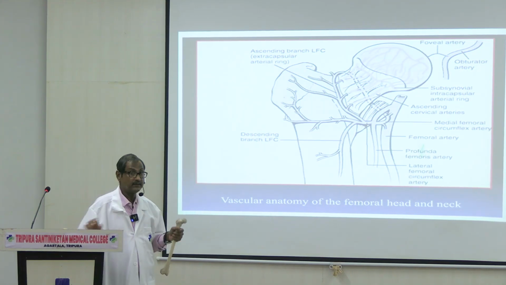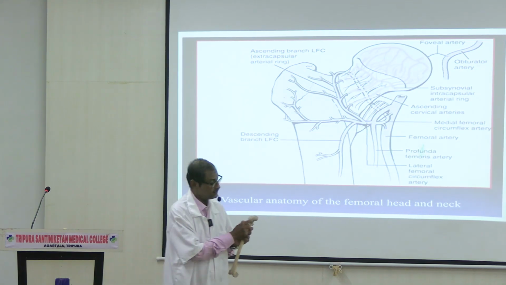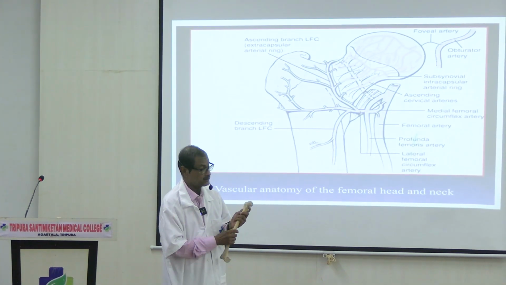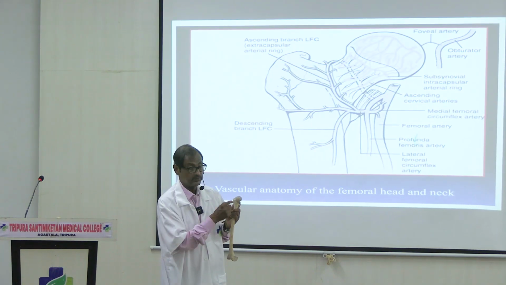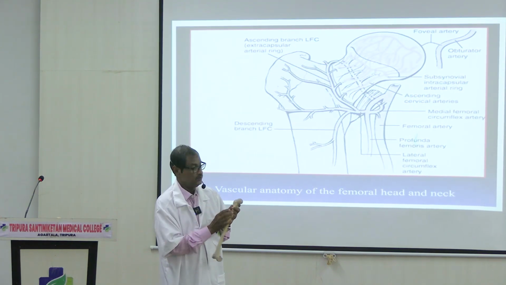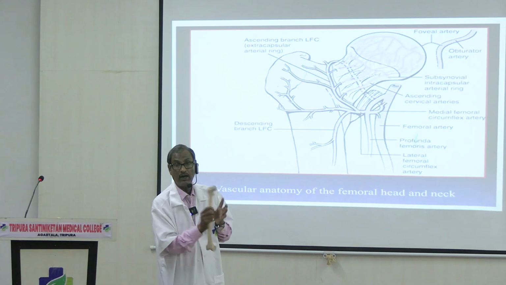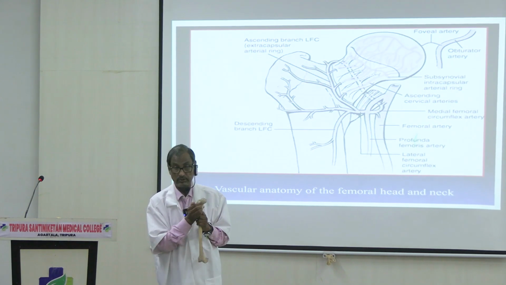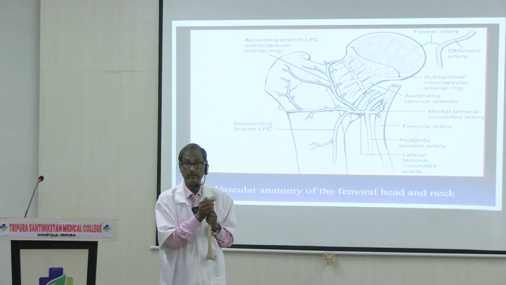When there is a fracture, there is a discrepancy in the alignment of the bone. This bone is fractured, so the retinacular arteries are all torn. The nutrient artery is also torn.